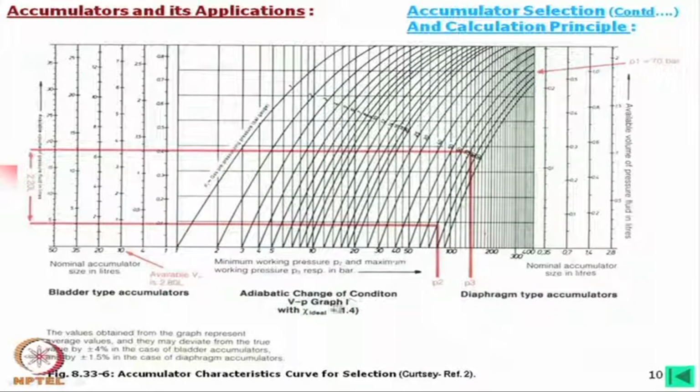The curves are for n equal to 1.4, and some other tolerances are given. If you would like to select, suppose our using volume is 2.2 liter, we may be tempted to go for a 4 liter accumulator, but in that case we may not have a good pressure range. You can study this graph separately to understand this.